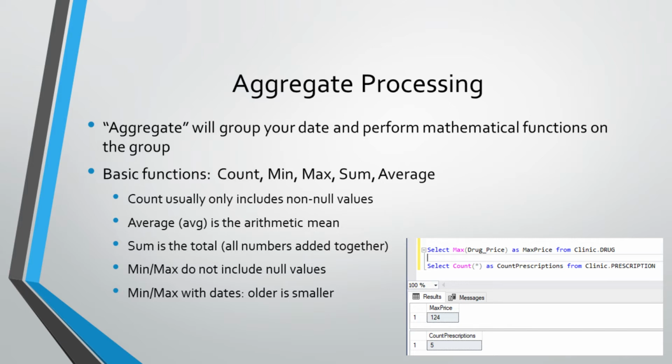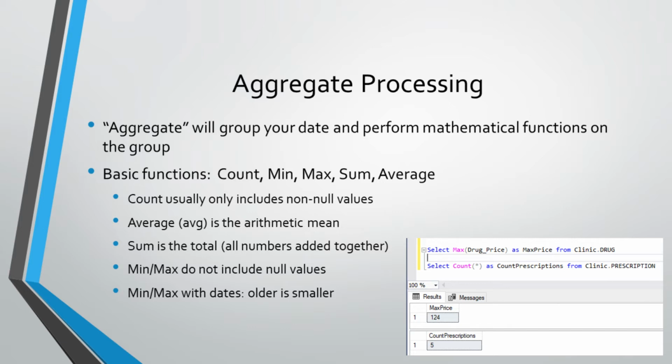With date times, just a heads up, min and max. Min is smaller, it's older. So you're looking at it as starting from a date, say January 1st, 1900 is the min, going up to wherever we are now is the max.